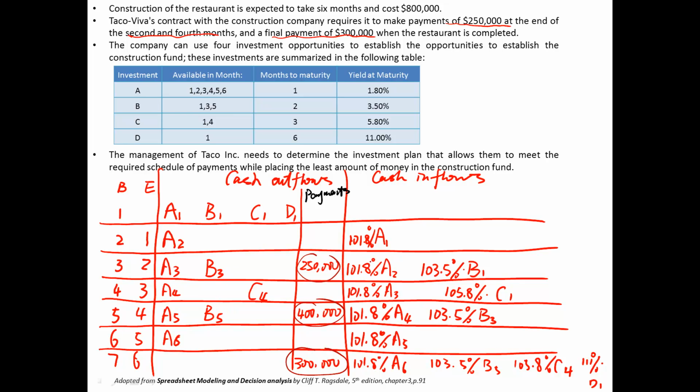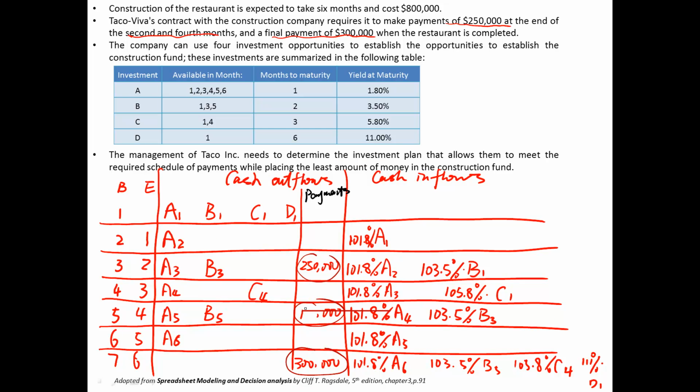Your payments are supposed to be 250, 250, and 300. Oh yeah, this is 250. Sorry, that should be 250.